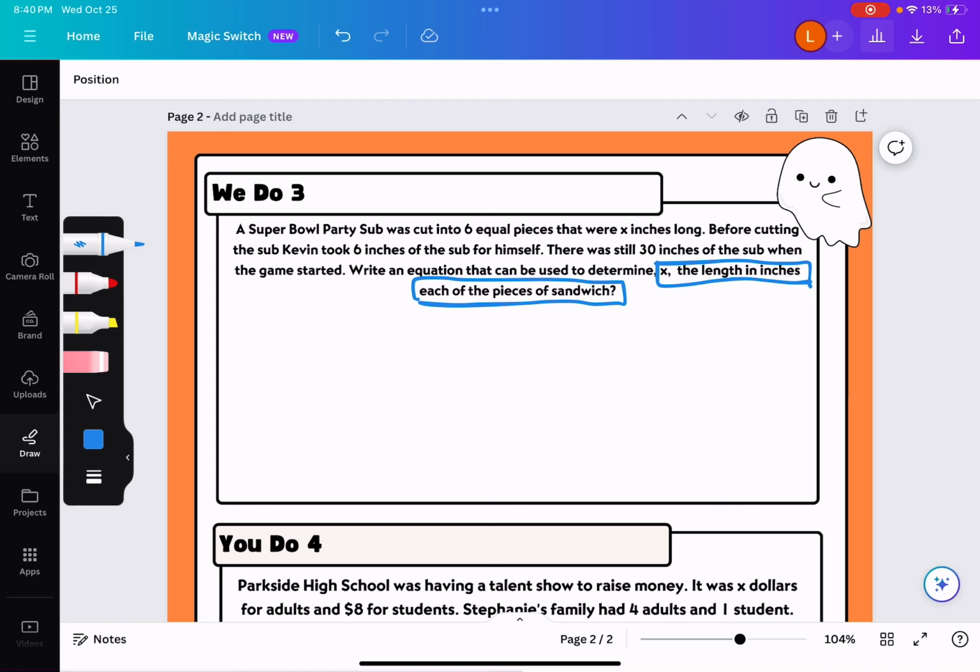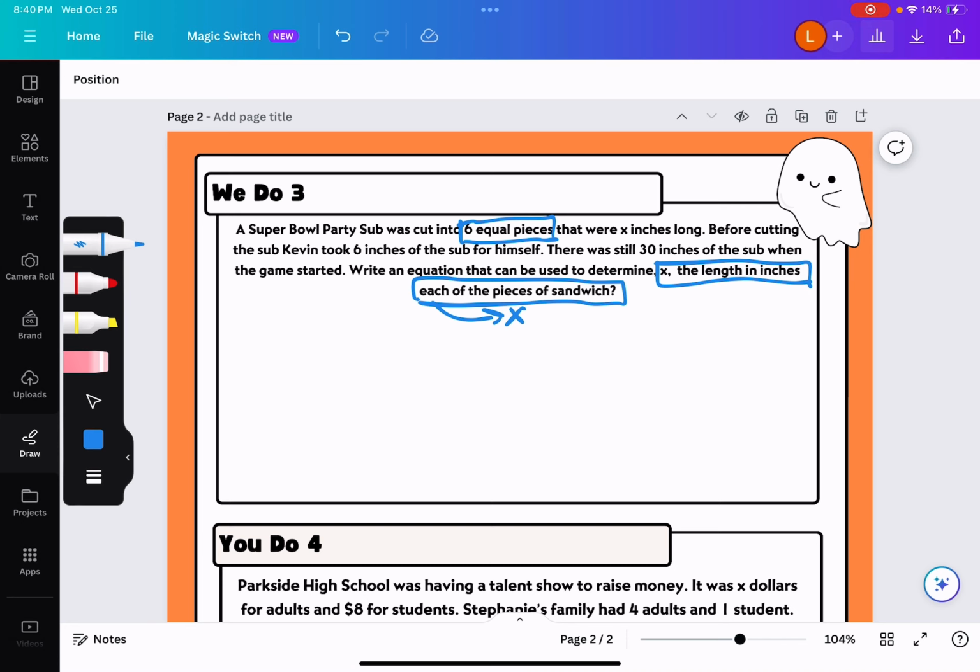So now we know that we have 6 equal pieces, okay? And so here it says X, the length of each of the pieces. So that means that pieces is what goes with our variable, okay? Because we have our keyword each right here. And remember, each tells us that that is our variable. That is our X, okay?